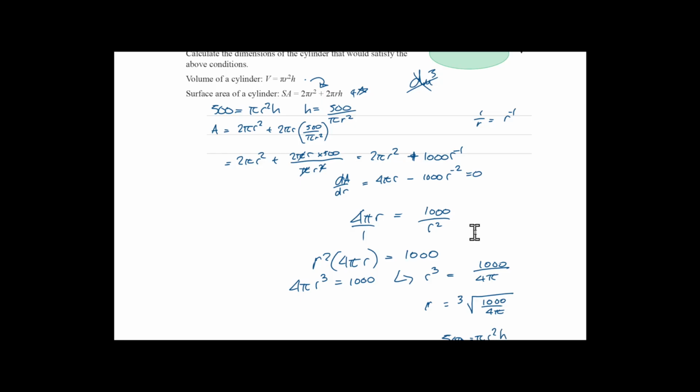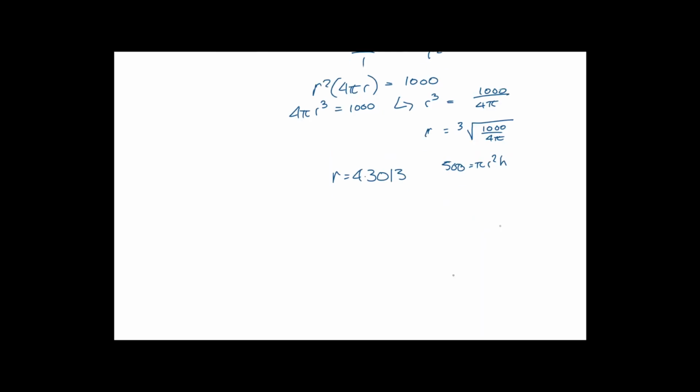We want to solve for h. So therefore h is going to be equal to 500 over pi times 4.3013 squared, and I'm kind of leery of using this calculator now. It's going to be some number.